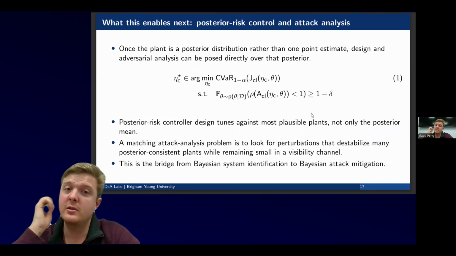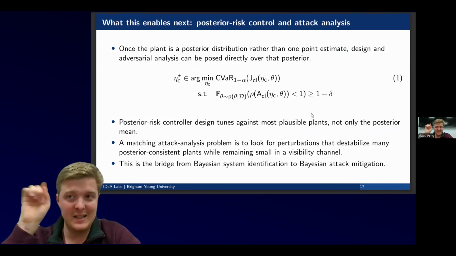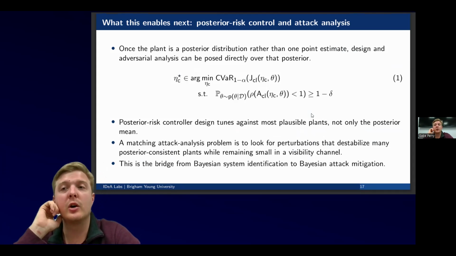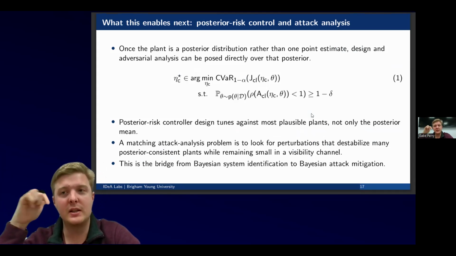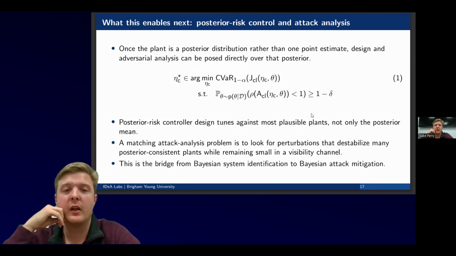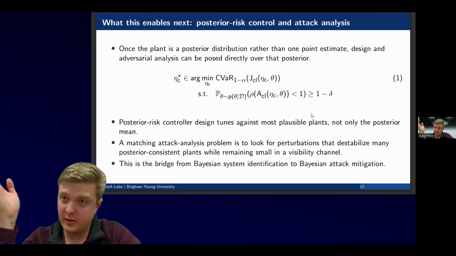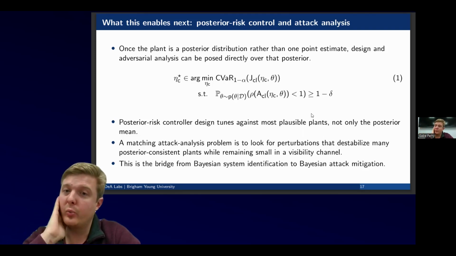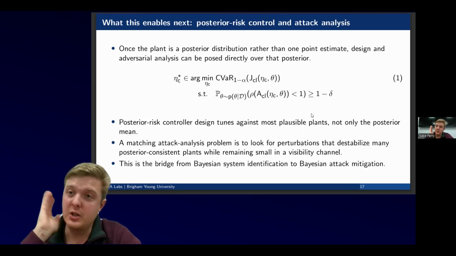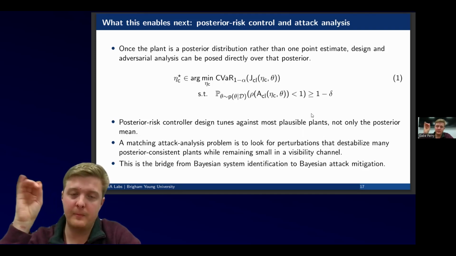We would try to design one destabilizing controller to blow up every system in the posterior distribution. And then that would be what we would use our tools for measuring vulnerability, for mitigating that vulnerability by redesigning the system to be more secure. We would extend our work to use this Bayesian posterior.